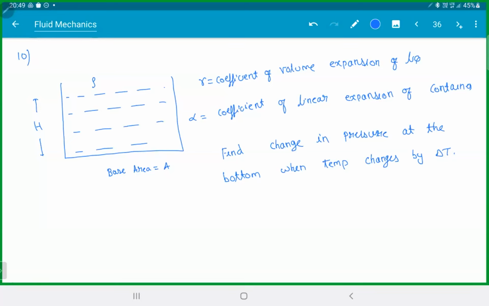Find the change in pressure at the bottom of the vessel when the temperature changes by delta T. Any ideas?